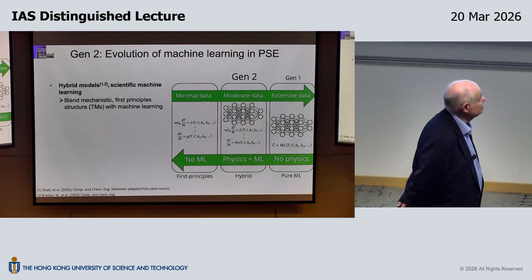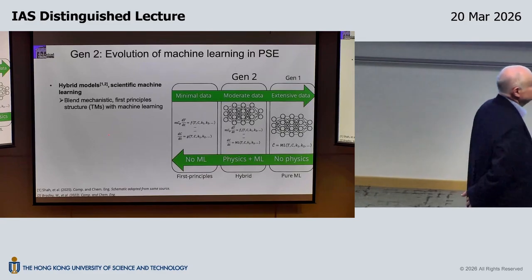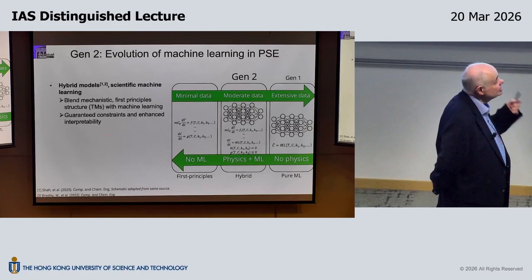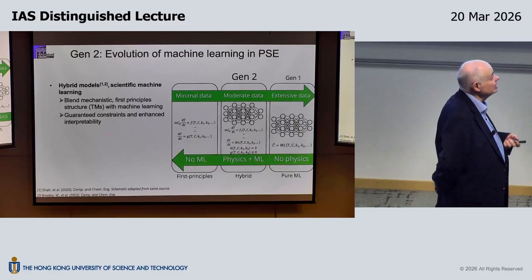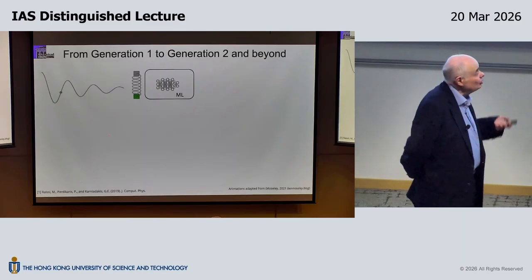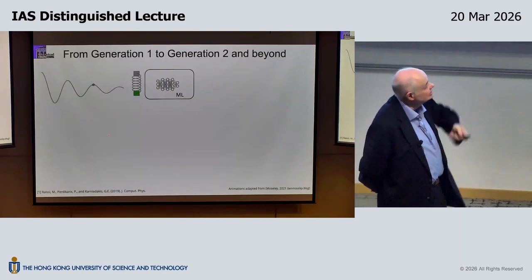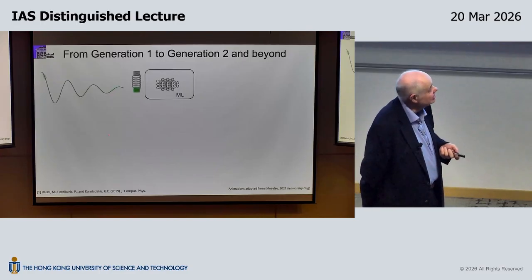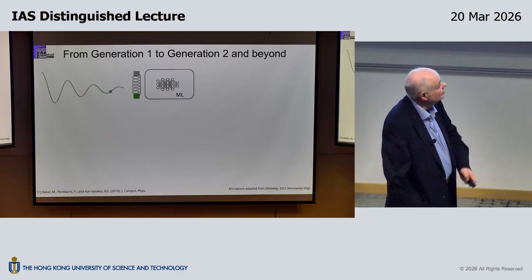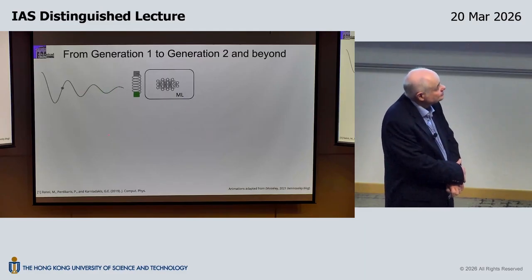This is nothing new. People have been doing this since the 80s, and what they've been doing is saying, okay, I want guaranteed constraints and I want enhanced interpretability based on some physics-based model, okay? So what you do here, and here's a little example about dynamics that has physics incorporated, is you can get an ML based on data from here.